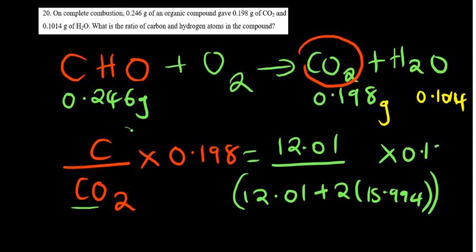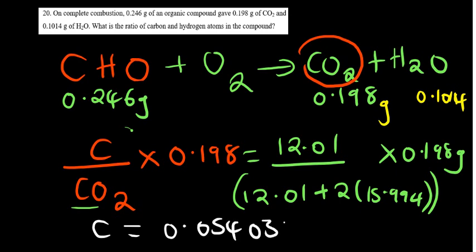Okay, so after doing your calculations there, what will be the mass of the carbon? So you have 12.01 over 12 plus what? Multiplied by 0.198. So I'm getting 0.0540342 grams as the mass for the carbon.